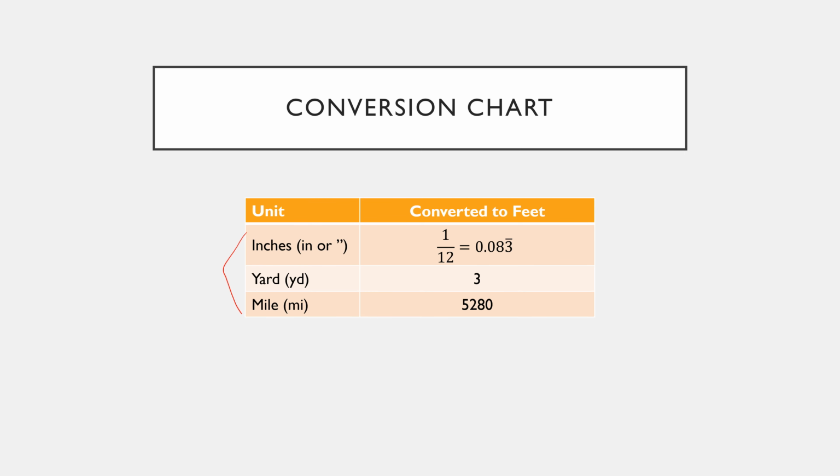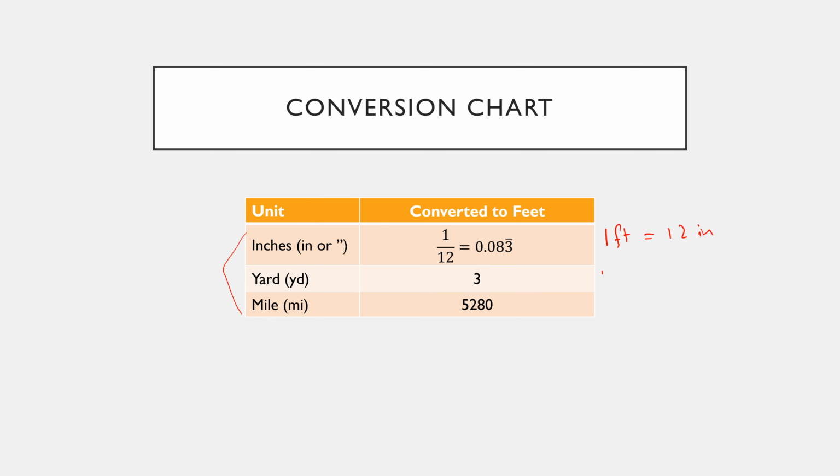We can also go backwards here. So instead of going from inches to feet, so 1 inch is 1 over 12 feet, or approximately 0.083 feet. What we could also say is that 1 foot is equal to 12 inches.